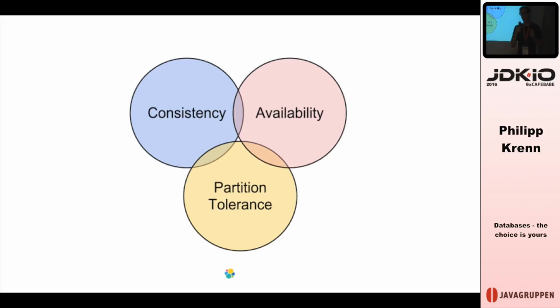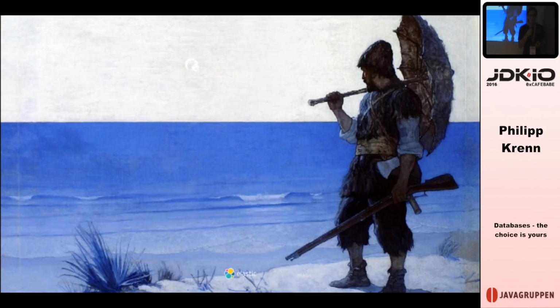Then if a client reads data from the other side, how does that client react? That is the decision you need to make. Either it says, I cannot see the other 2, I don't know what is going on there, I don't respond, then you're not available. But you're consistent because you don't give out stale data. Or the single node on the other side says, oh, I cannot see the others, but I will still respond to your query. I just give you the best information I have, but it might be outdated. Then you're available, but you're not actually consistent.